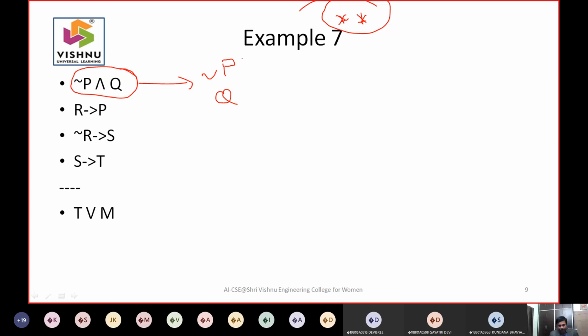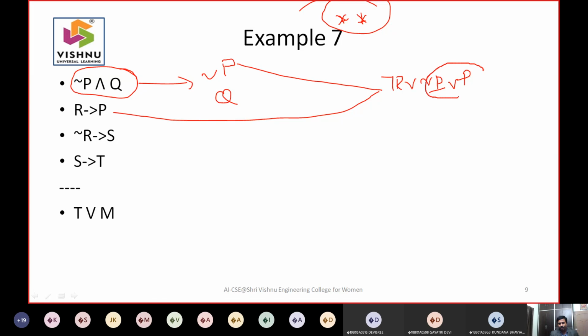So if you take negation of P and combine this with this, you will get negation of R, V, negation of P here, so obviously this negation will come, but negation will come at a later time. So this negation P is coming from here, this P is coming from this actual rule. So this will go, and you can have negation of R here.